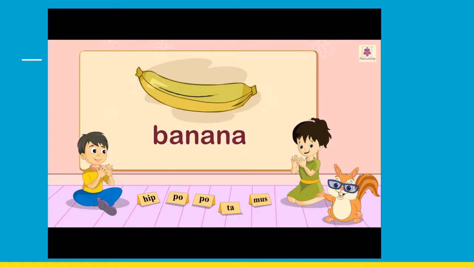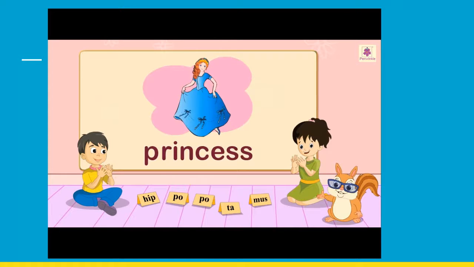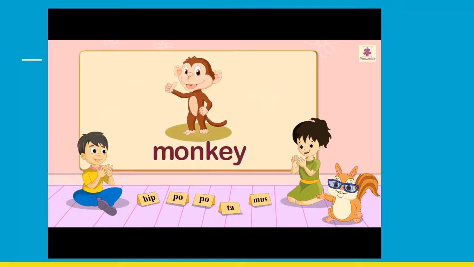Banana is chopped into 3 parts. Na. Princess is chopped into 2 parts. Princess. Monkey is chopped into 2 parts.